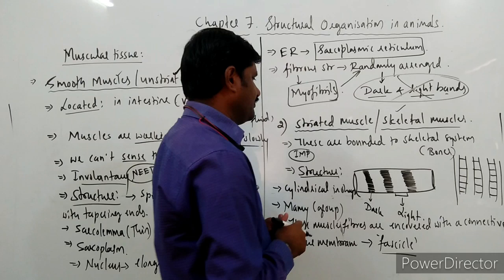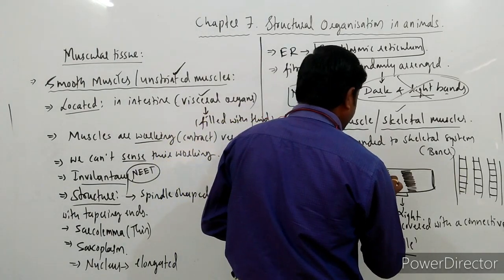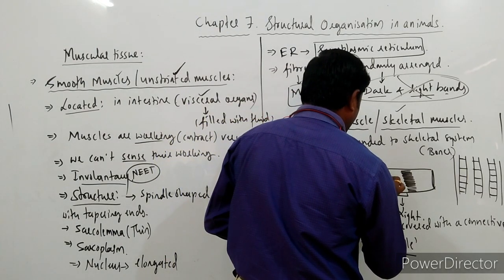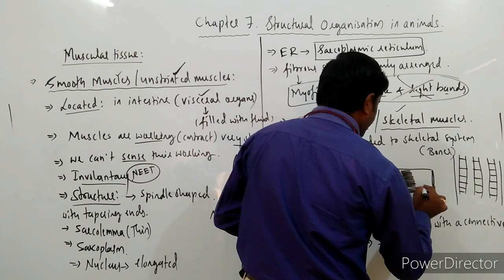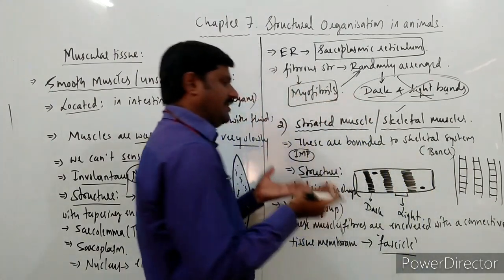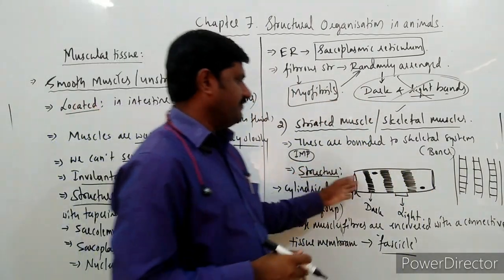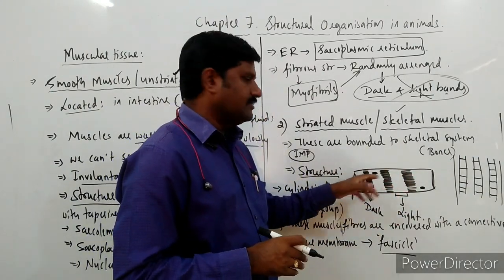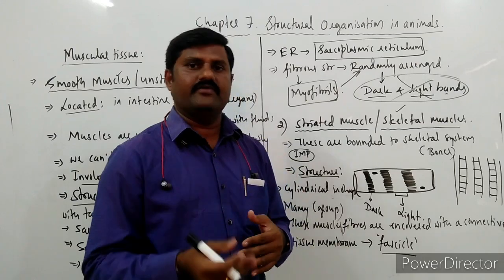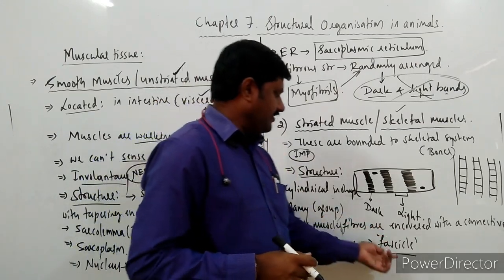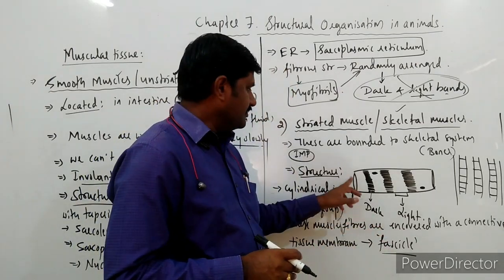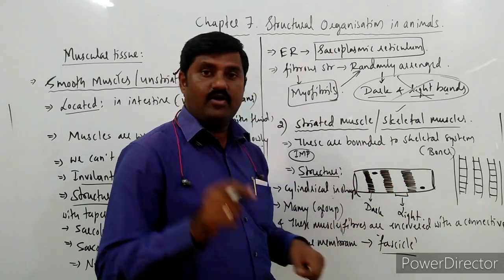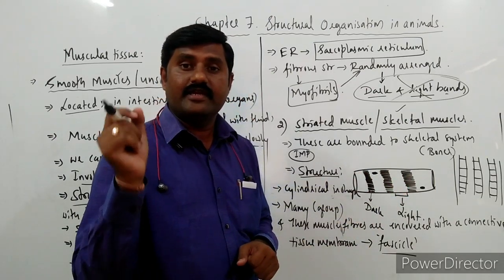Okay, one more point to be noted here. What is that? Usually the nuclei are present over here. As you know, these muscle fibers are cylindrical in nature, right? They are in a group, covered with a membrane forming the fascicle, and these muscle fibers have a multi-nucleated condition.